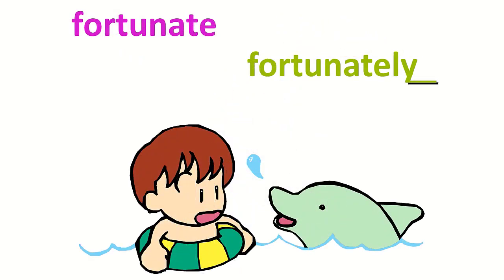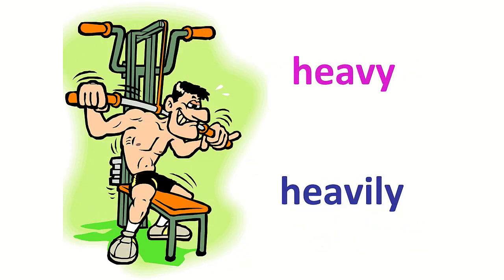Fortunate, this little kid is fortunate, so he is behaving fortunately. Heavy, heavily. Of course, notice here that with the y, we changed the y into i, and then we added the ly.